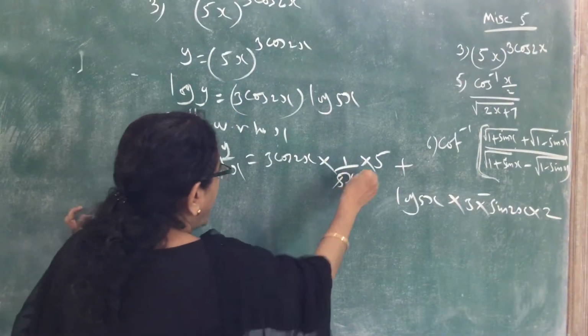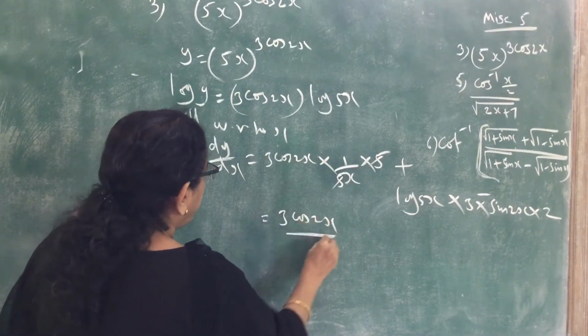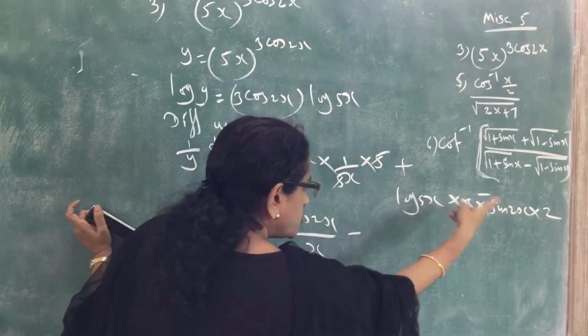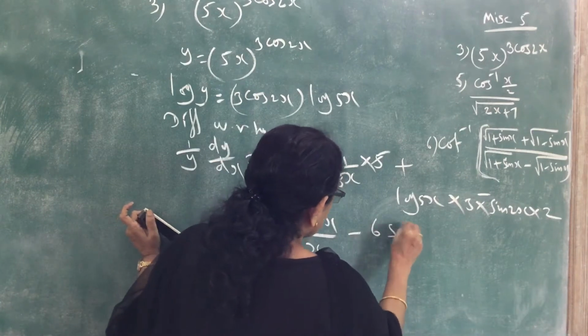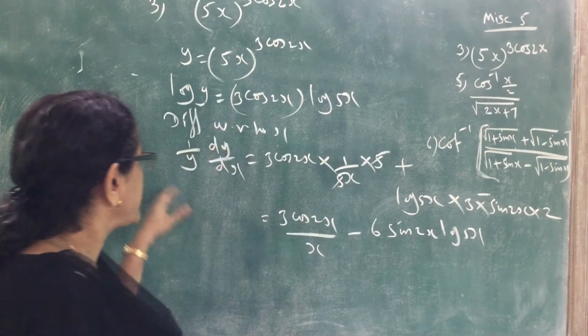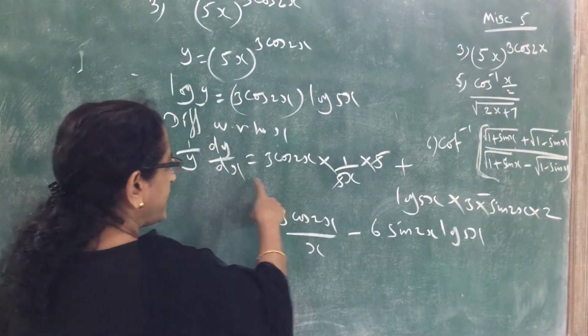So here this 5 is cancelled. So we get 3 cos 2x divided by x. Here plus into minus, minus 3 into 2, 6 sin 2x log 5x. Now this is 1 by y dy by dx.